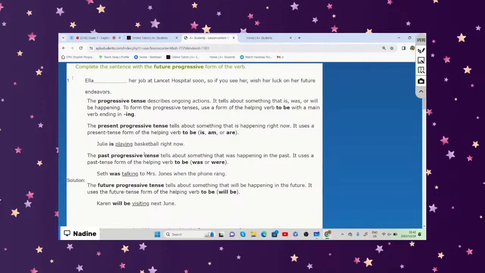And these are our progressive tenses where the word ends in ing and it also forms the helping verb to be, right? So the main verb ends in ing. And we spoke about the present progressive tense, past progressive tense, as well as the future progressive tense.